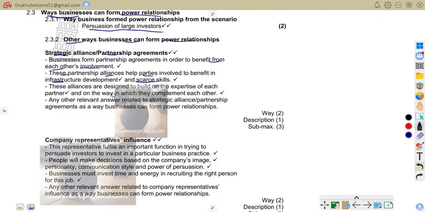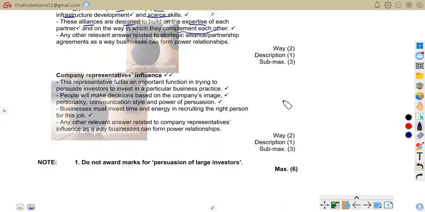Also, these alliances are designed to build on the expertise of each partner and on the way in which they complement each other. Now coming to company representative influence. This representative fulfills an important function in trying to persuade investors to invest in a particular business.